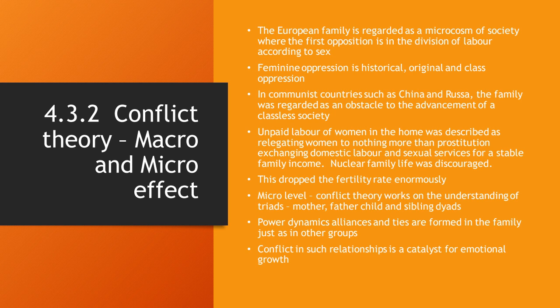So when we are looking at the conflict perspective on a micro level, conflict theory works on the understanding of triads: mother, father, child, and sibling dyads. And with that, what inequalities exist between those few members in the family.